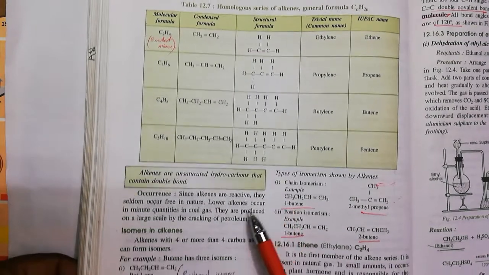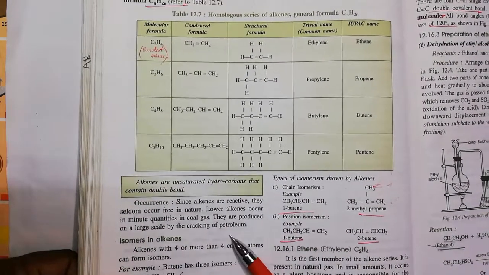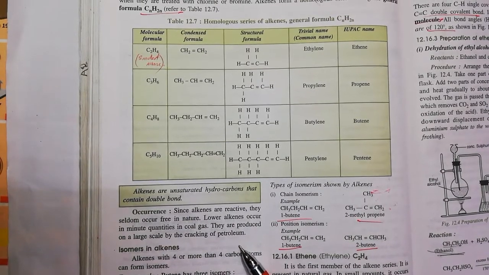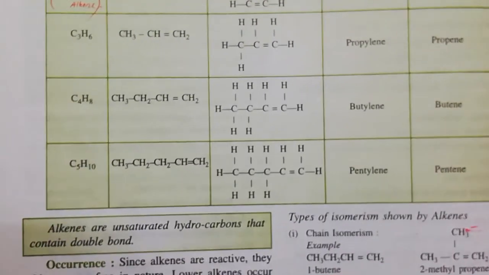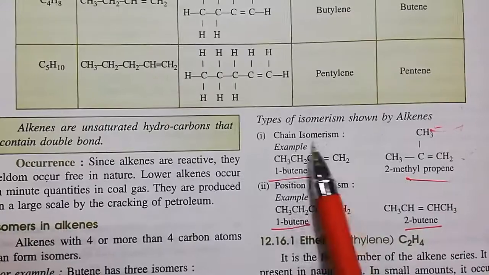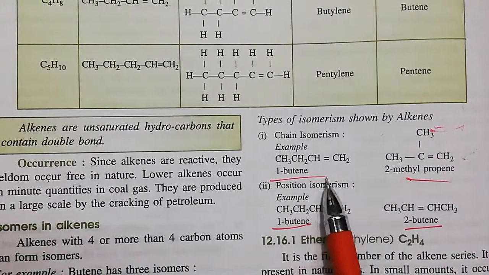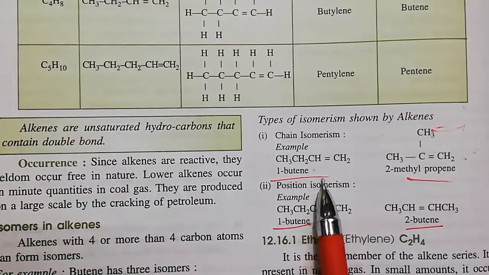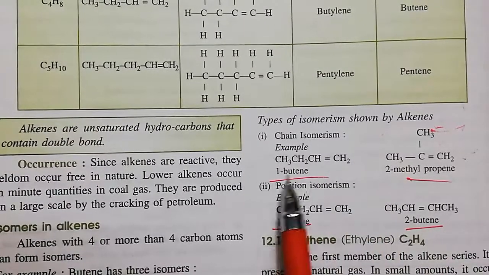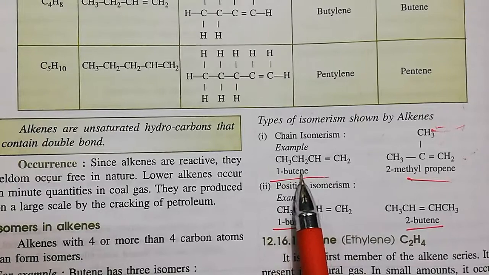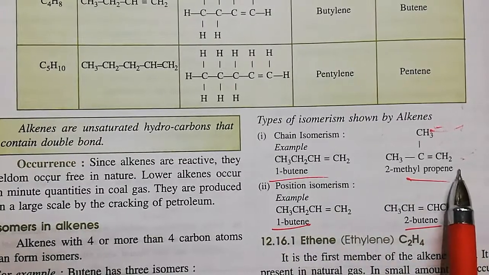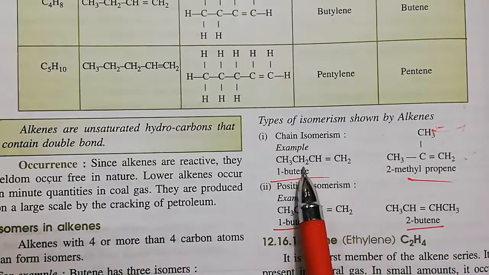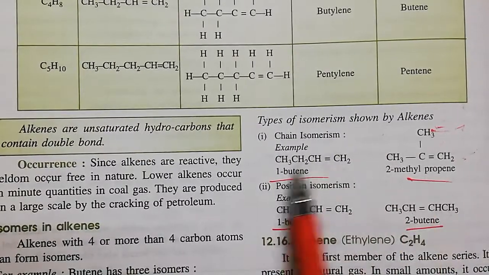Now, they can form isomers, so what different kinds of isomers will they form? The first one here is chain isomers. With C4H8 you can get 1-butene or but-1-ene along with 2-methylpropene. They have different chaining, but the total number of carbon and hydrogen remains the same.